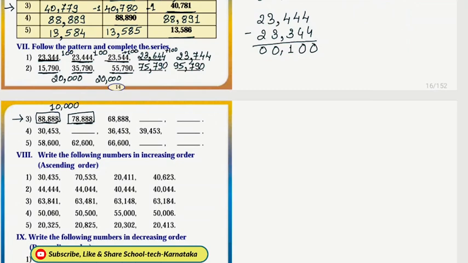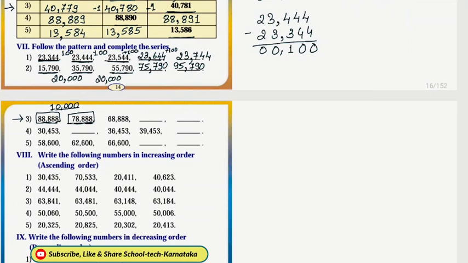Now, as in the previous case, when we added the difference to the first number, we got a second skip number. But in this case, we need not add 10,000, here it is subtraction. So when we subtract 10,000 from 88,888, we get 78,888.